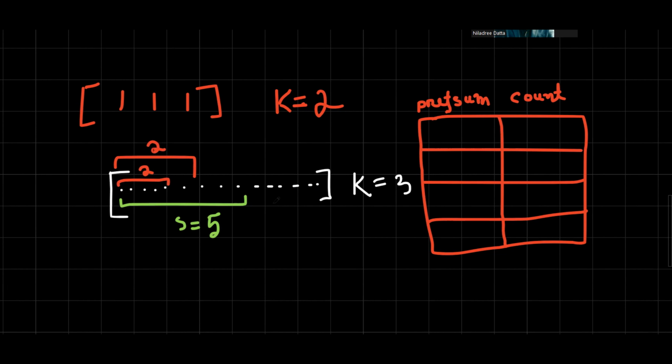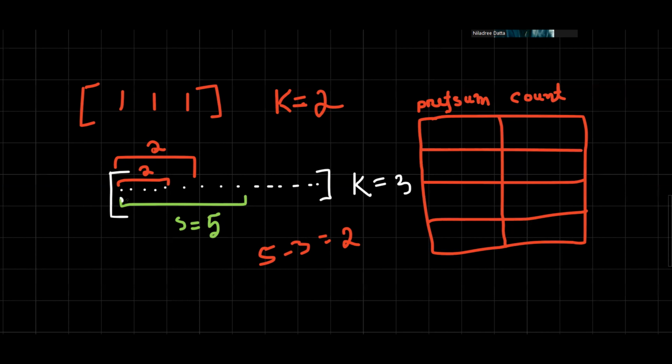Now, for this summation 5, what will be the answer of the sum minus k, which is 5 minus 3, that means 2. So here, if for this portion 5, we discard some portion which has the prefix sum of 2, we can find another portion which has the prefix sum of 3.